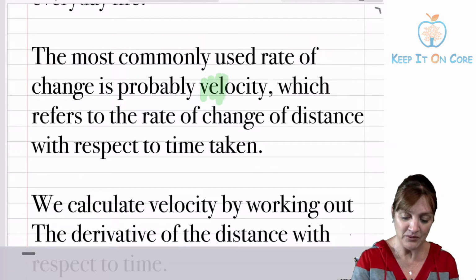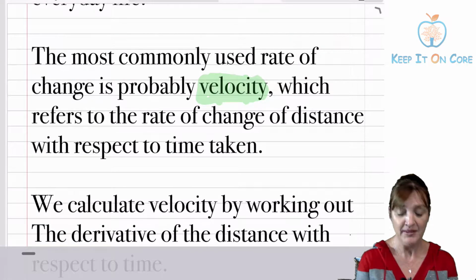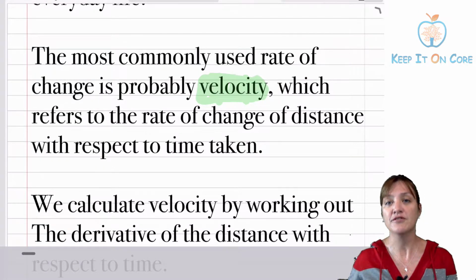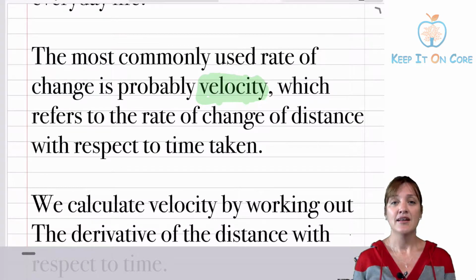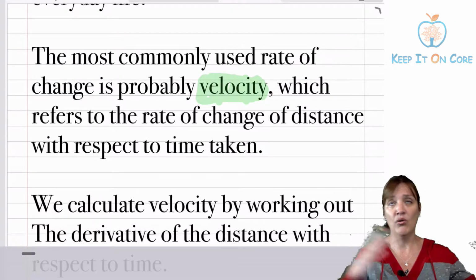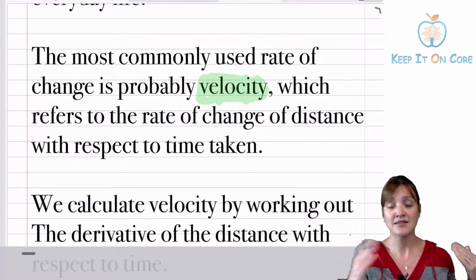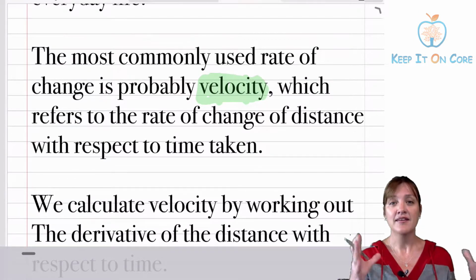So basically what I want you to really understand is this. If we talk about the word velocity, you need to understand that velocity is the rate of change of something, okay? Now, we've learned all the time up until now in calculus that if I'm talking about the rate of change of something at a particular point, do you agree I'm talking about the derivative? So here's the connection.